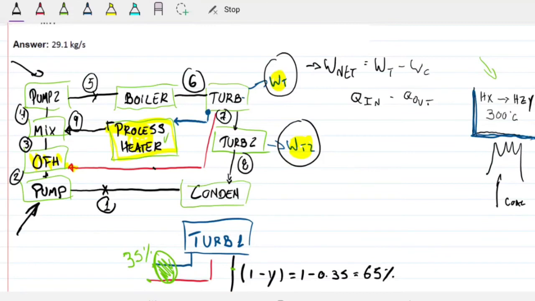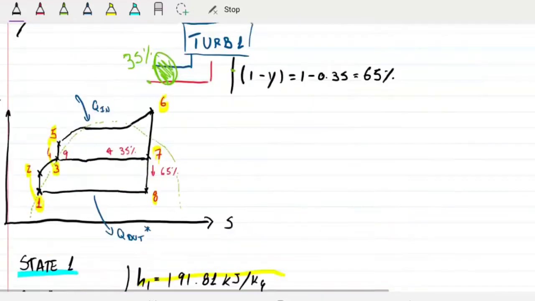So let's have a look. This first turbine, turbine 1, has 100% of the mass flow rate. The bottom one, this turbine, only has 65% of that. So we need to make sure we account for that. Then we do the compressors, the pumps, together.